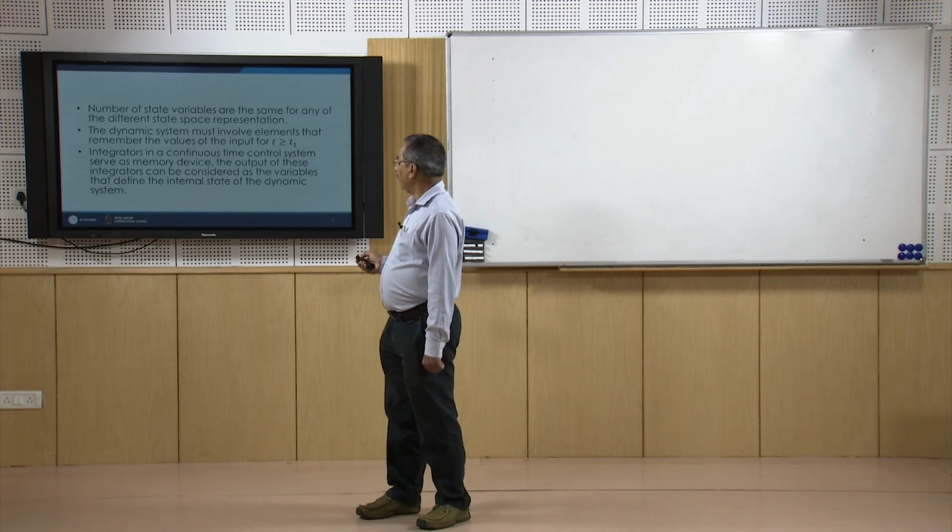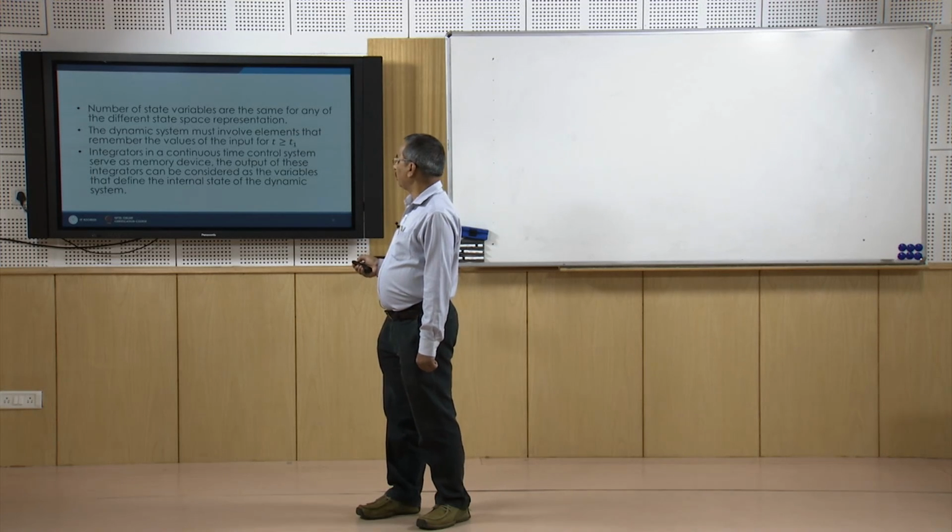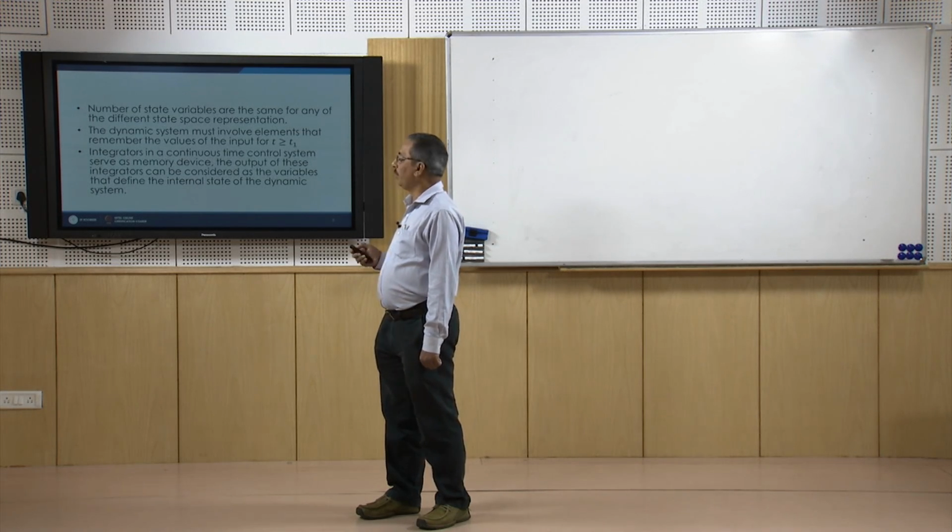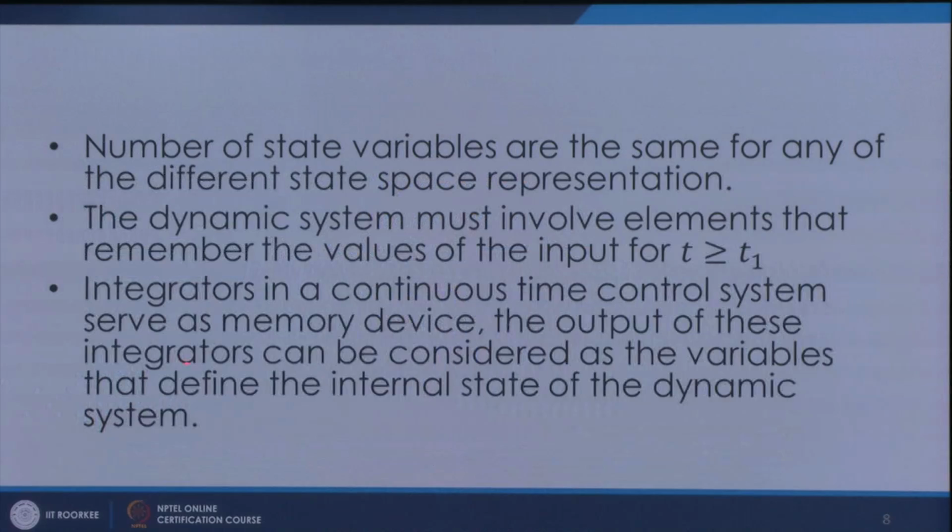Integrators in a continuous time control system serve as memory devices, and the outputs of these integrators can be considered as the variables that define the internal state of the dynamic system.